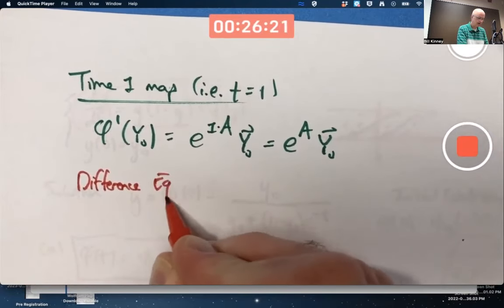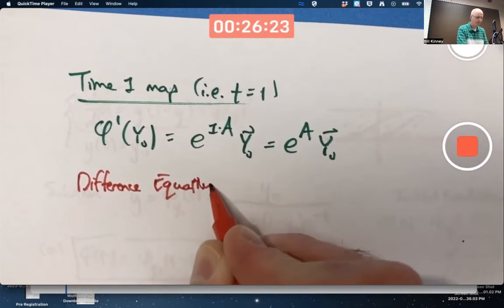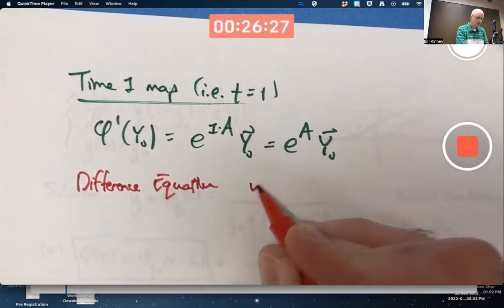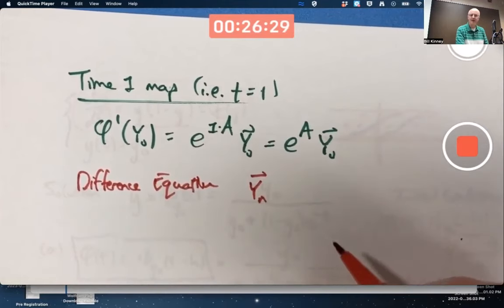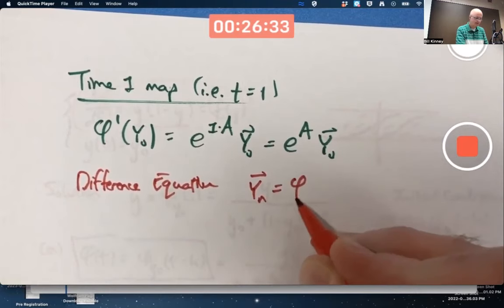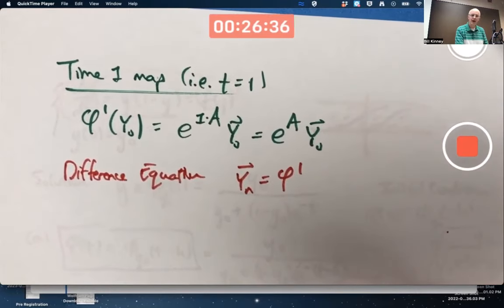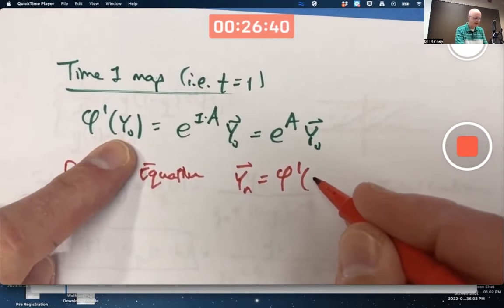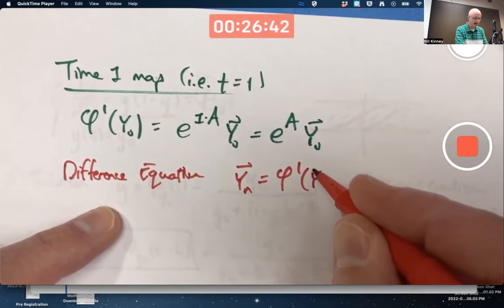Not differential equation, difference equation. Y sub n vector equals the time 1 map, not applied to y naught, the initial condition, but since this is going to be a difference equation, y sub n minus 1.